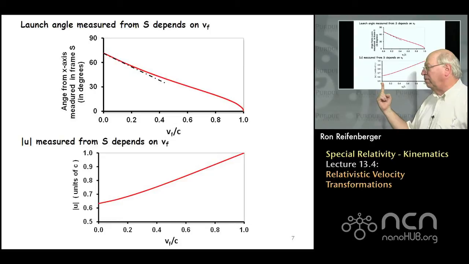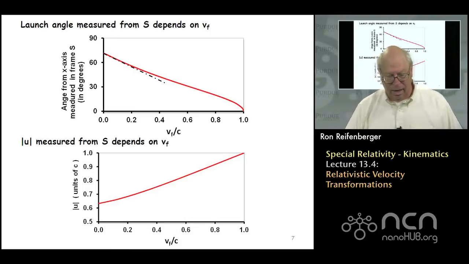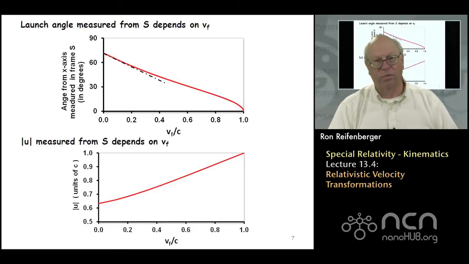When v sub f over c is equal to 0, both reference frames are at rest with respect to one another. The observer in S measures exactly the same magnitude for the velocity that the observer does in S prime, but as the velocity of the frame increases, so does the magnitude of the velocity that the observer in S would measure.